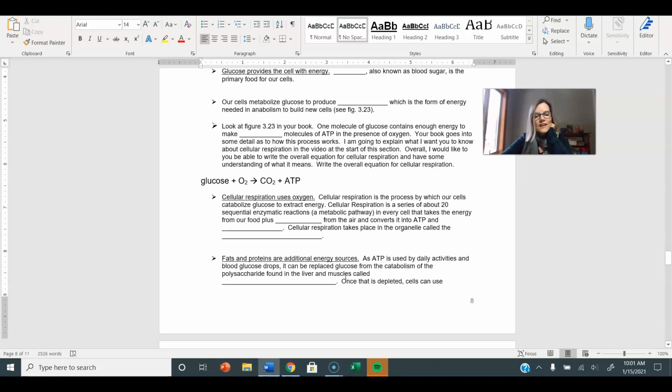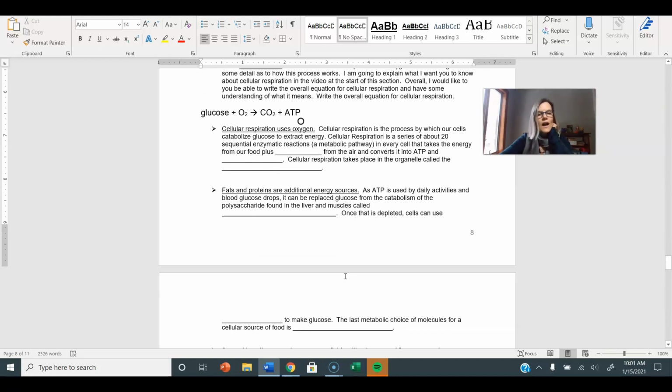So that's the overall equation. I want you to memorize that equation. And remember, we don't just eat glucose. Our diet would be really boring. We eat things like fats and proteins, and our cells convert things like fats and proteins into glucose.